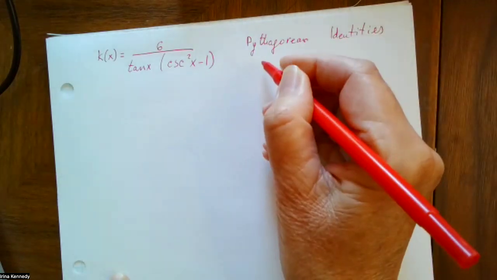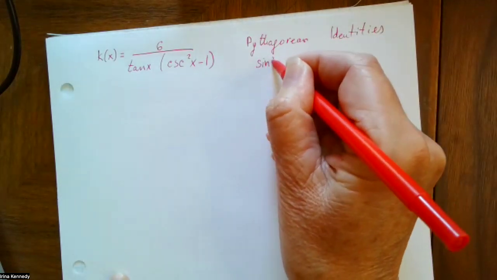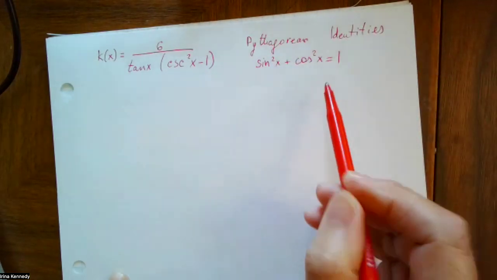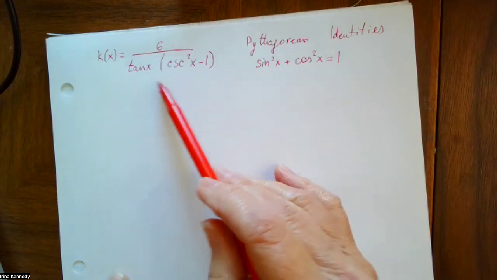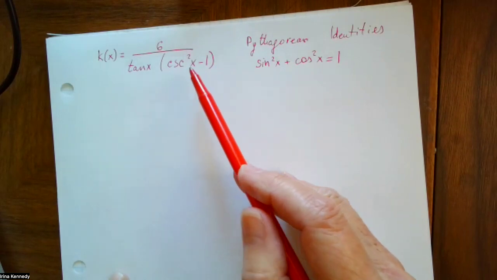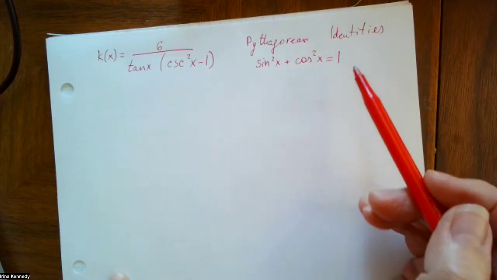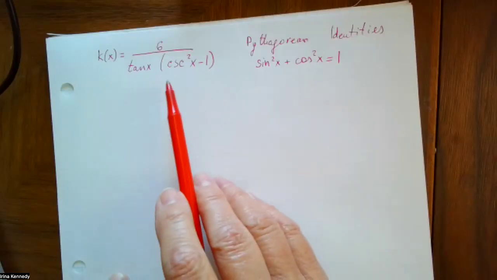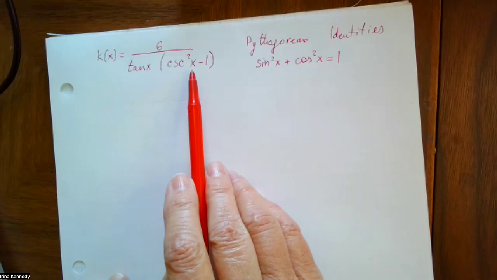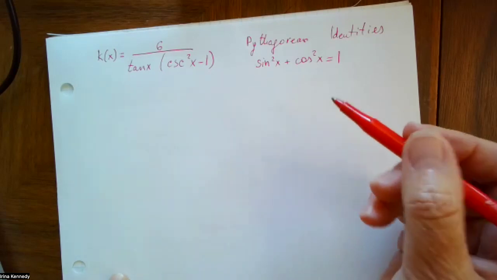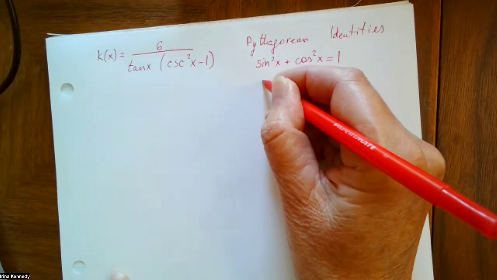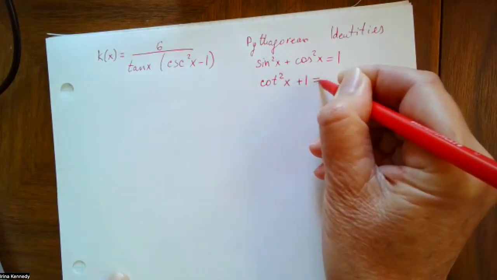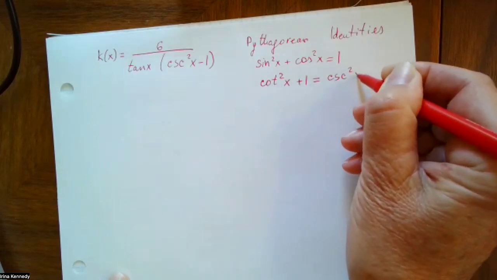The main one is, you probably know it, sine squared x plus cosine squared x equals 1. Theoretically, you could use it here by changing cosecant into 1 over sine, but that's going to be so complicated. It's much better to know the one that is directly connected to cosecant, and that's the one that works with cotangent. There is one: cotangent squared x plus 1 equals cosecant squared x.